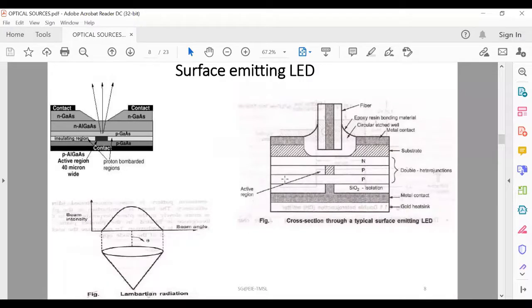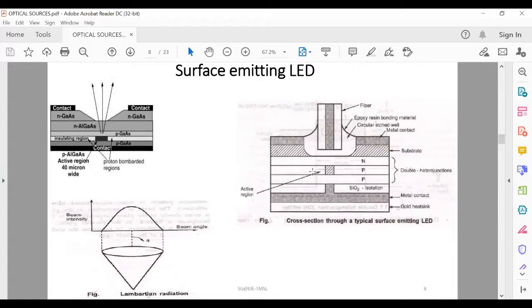So here this circular area has some diameter, like 50 micrometer diameter, and the thickness of this circular active area is like 2.5 to 3 micrometer, and the current density is also a few thousand, so 2000 ampere per centimeter square, half power of this.